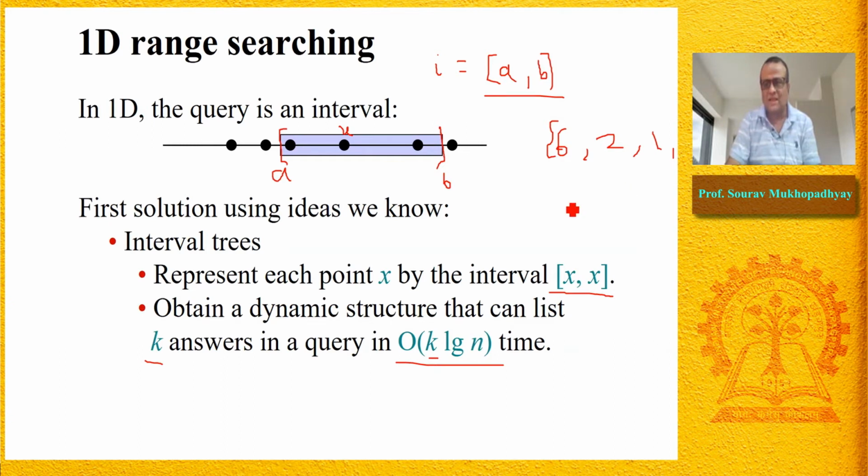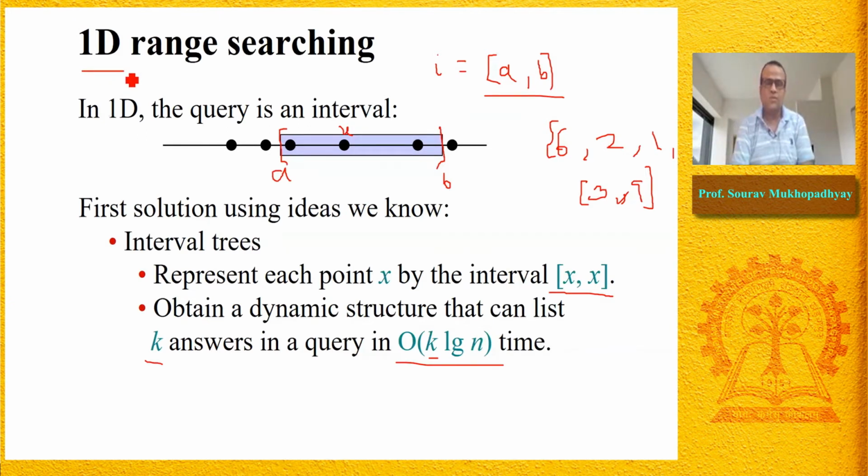And then we have an interval, like from 3 to 9. How many points are there? These are only one coordinate, only x coordinate. So now can you suggest something?